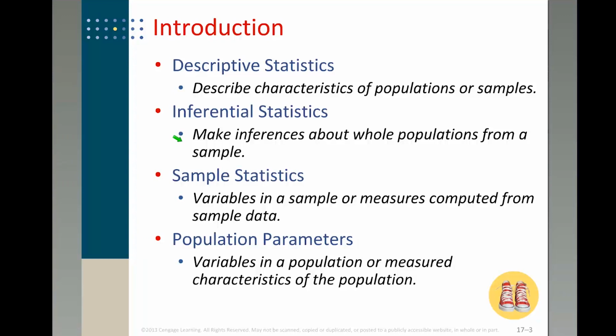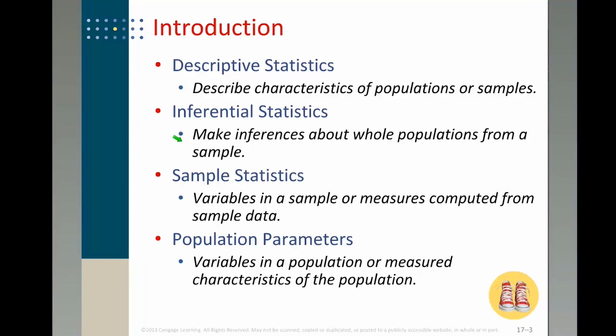Now, since the sample is used to represent the population, we need to build a bridge between the sample and the population. After all, we cannot equate the sample to the population. Okay, so that's the idea about inferential statistics: how we can use a sample to draw inference, to draw conclusions about the whole population.